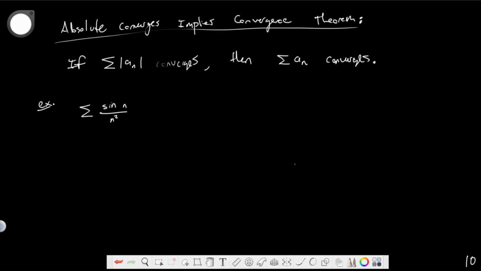Sine is between negative 1 and 1, so our numbers are going to either be 1 over n squared or smaller than 1 over n squared. Right? But what this theorem says is if the absolute value converges, then the original series must also converge. And I think that you guys absolutely have in your wheelhouse the ability to show that that converges.